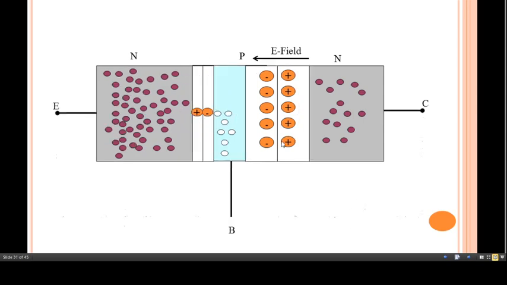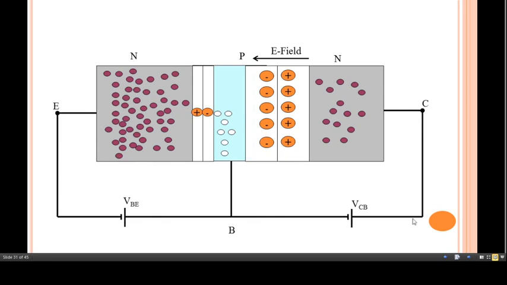Now if we apply the electric field like this, a positive battery terminal is connected to the collector and a negative is connected to the base, what will happen? This PN junction will be reverse bias and the depletion region width will increase. And if we apply the negative terminal to the emitter and positive terminal to the base, this PN junction will be forward bias and the width of depletion region will get reduced.